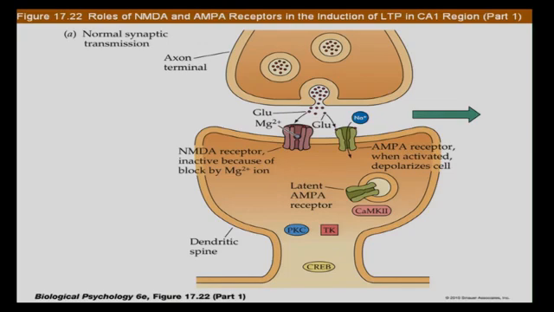You need pre and postsynaptic activation concurrently because you need to get enough electrical momentum going in the postsynaptic neuron to pop that magnesium out. So when they discovered the NMDA receptor, it was a really elegant confirmation of the theory that Hebb came up with before he had any idea of AMPA receptors and NMDA receptors.